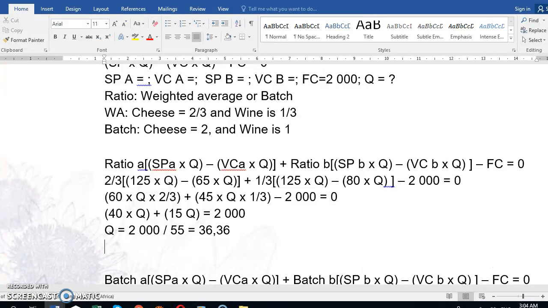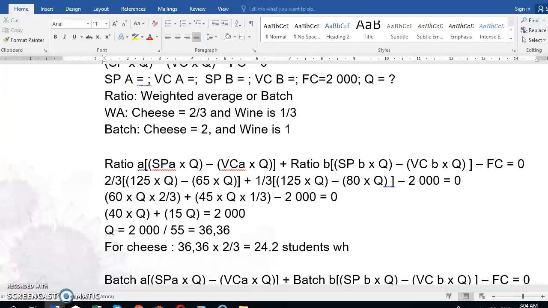Now to solve this, for the cheese tour, in other words students going on the cheese tour, you take this 36.36. The ratio for the cheese tour was 2/3. If you multiply by 2/3, you get roughly 24.2 students, which is rounded to 25.